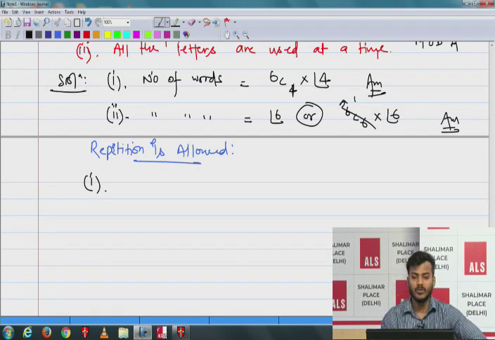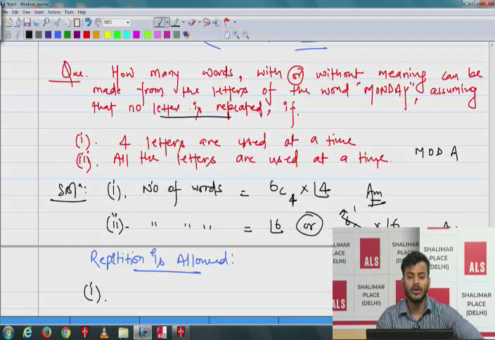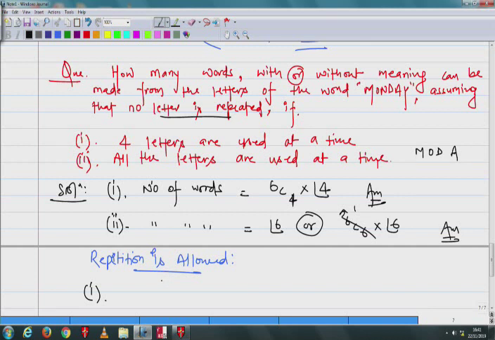Question is the same, dear. Here, there are no letters repeated. We have not allowed letters to repeat. Here, repetition is allowed. So, if Monday is there, you have to make a 4-digit number, and again, using all the letters, and here only 4 letters, but repetition will be allowed.